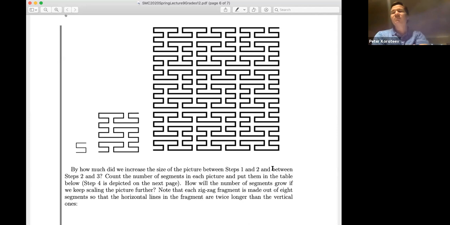We're trying to find the pattern here, and you'll see in a second why we're doing that. Can we quickly count the number of segments in step 3? You'll see that after we have completed it, there will be a surprise.